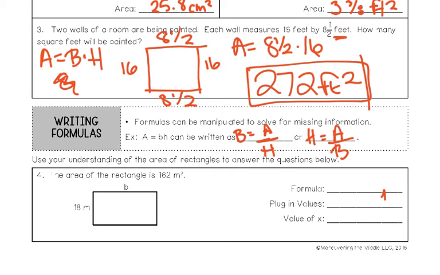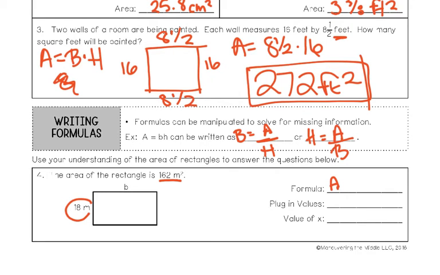Okay? So here's our good example. The area of this rectangle is 162 meters squared. And we know the height, which is 18 meters, but we don't know the base. Oh, darn it. But that's okay. Don't you worry, because we're going to figure it out. So we're going to use the formula for area.